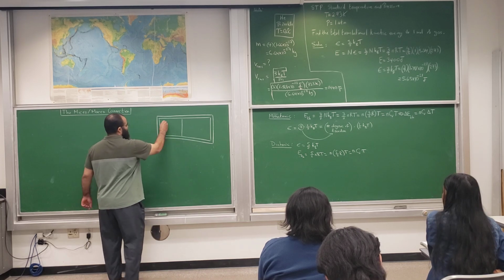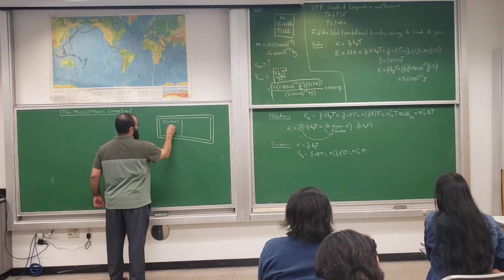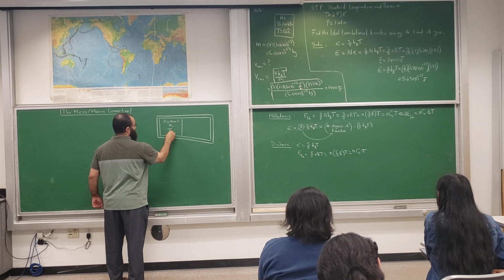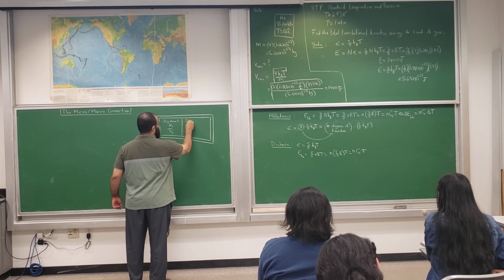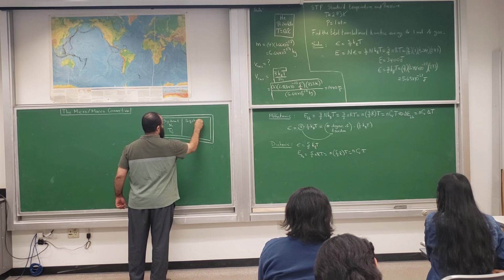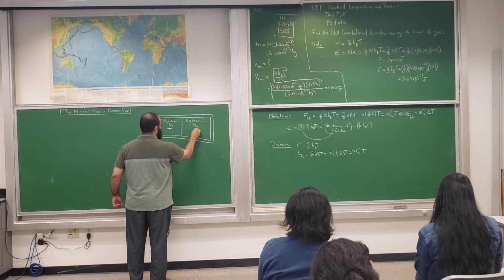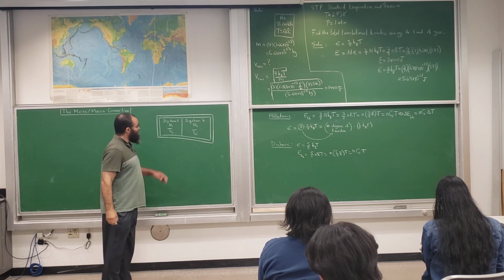Now we'll have system 1 here. It has number of particles N1, and its initial temperature is T1 initial. And this is system 2. The number of particles is N2, and the temperature is T2 initial.